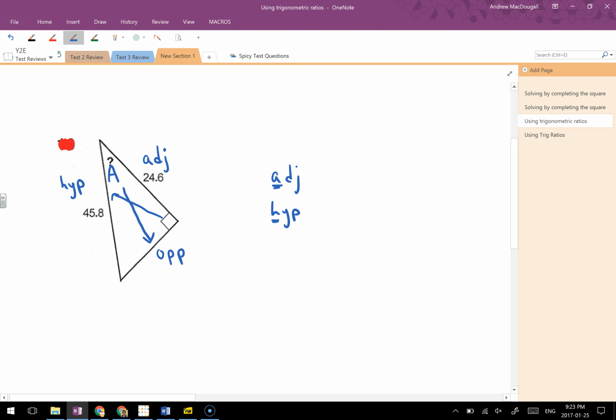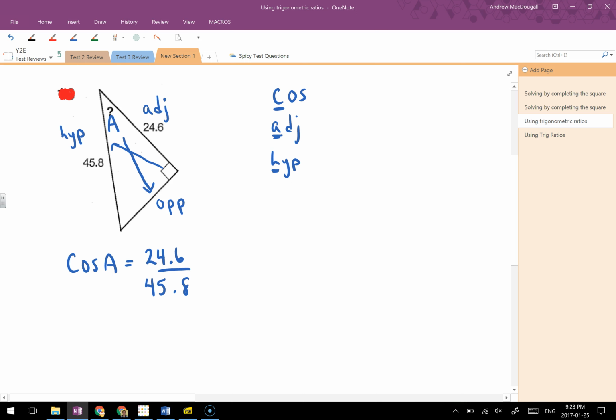So which one goes with adjacent and hypotenuse? That is cosine. CAH is part of SOHCAHTOA. Okay, so let's set up that ratio. The cosine of A, whatever A is, the ratio of its adjacent side to its hypotenuse side, is 24.6 over 45.8.